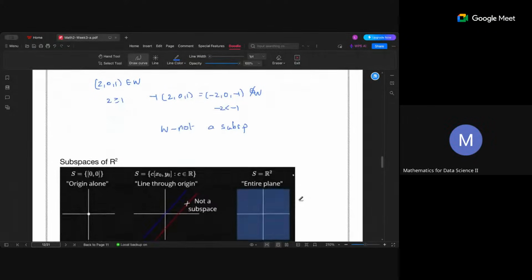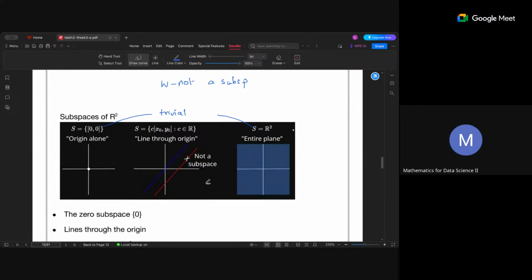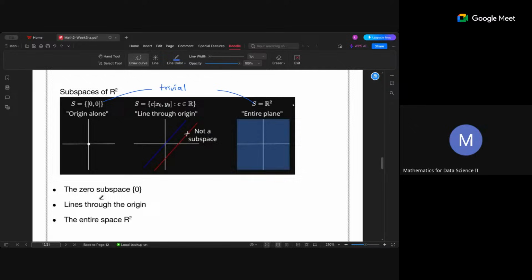All right. So in general, what are all the possible subspaces of R2? So these two are the trivial cases. And this is the non-trivial case: any line through the origin. Lines which are not passing through the origin are not subspaces. So the zero subspace, lines through the origin, and the entire space R2.